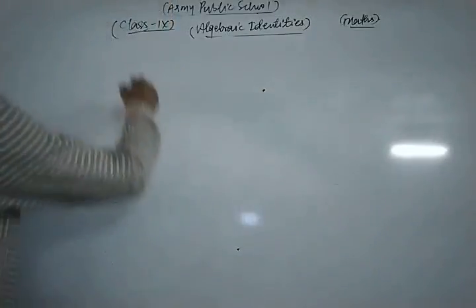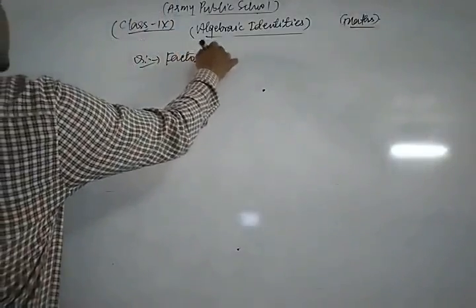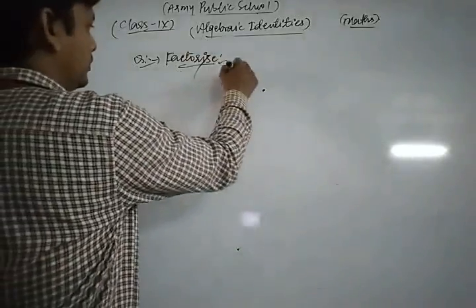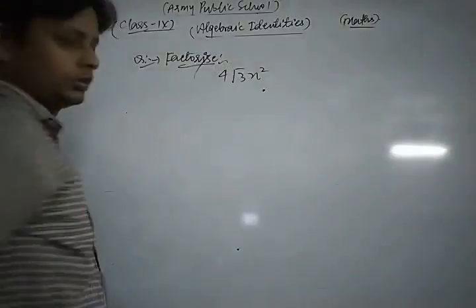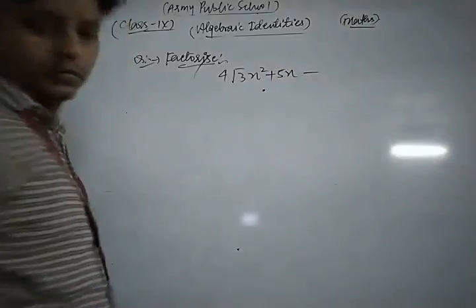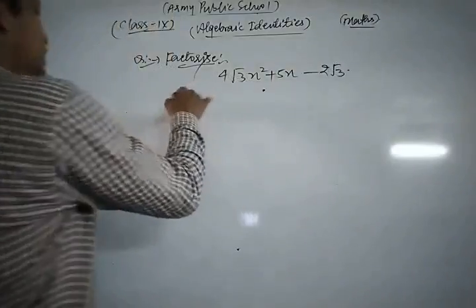So look, factorize 4 root 3 x square plus 5x minus 2 root 3. Now let's see its solution.